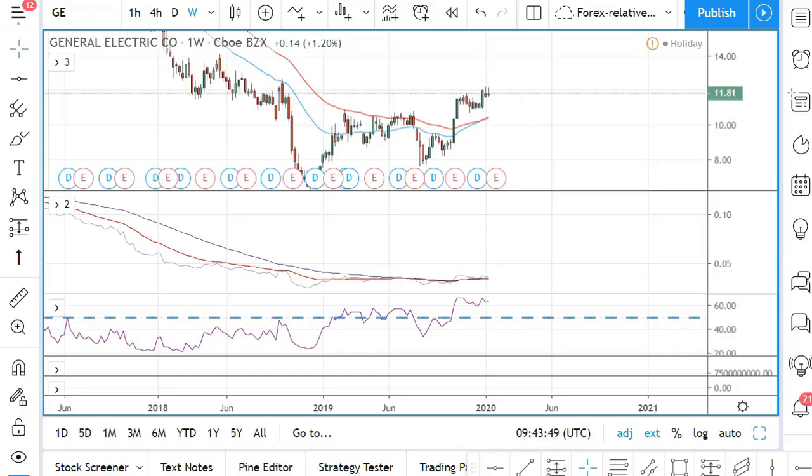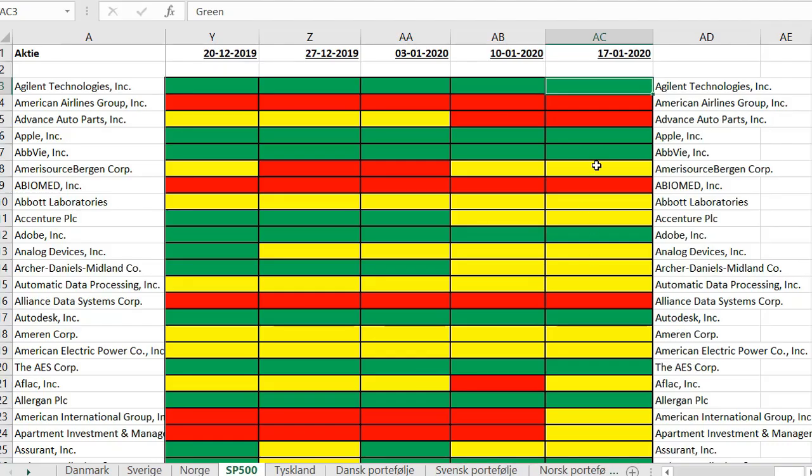Green is when both of the indicators here are showing a buy. Yellow is when one of them is showing a buy and the other one is showing a sell. And red is showing that both of them are below the lines, and hereby tells us that we can no longer own this stock.